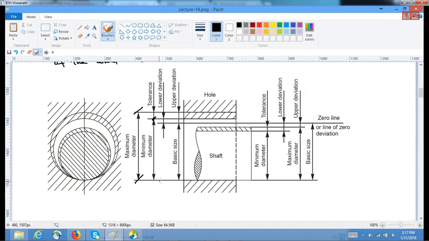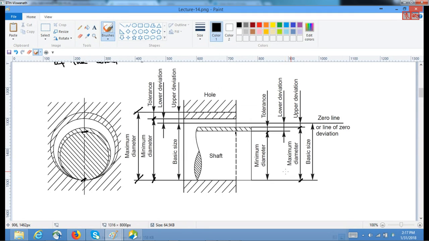This is the minimum diameter of the hole. Similarly, on the shaft, this is the minimum diameter of the shaft, and this is the maximum diameter of the shaft.